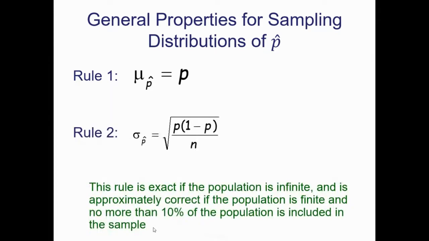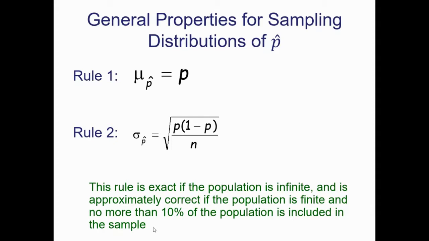That leads us to 2 rules. Rule number 1 is that the mean of sample proportions is equal to our population proportion. Rule number 2, define the standard deviation of sample proportions.